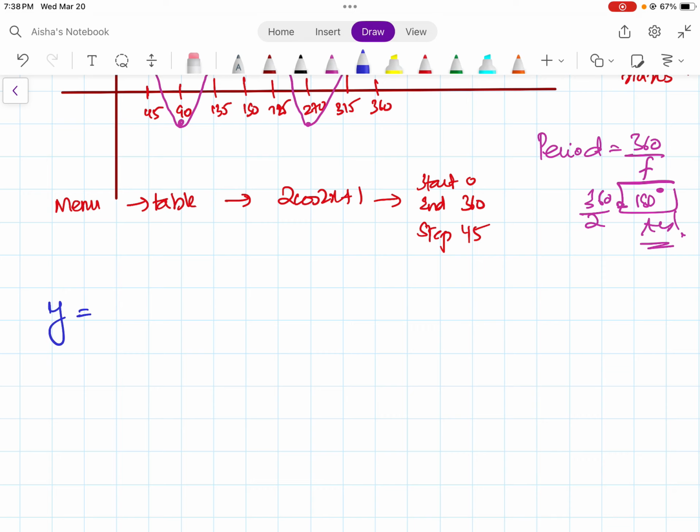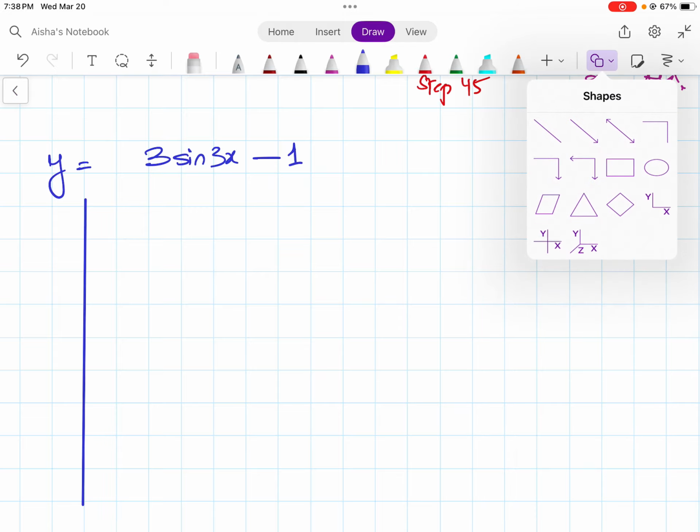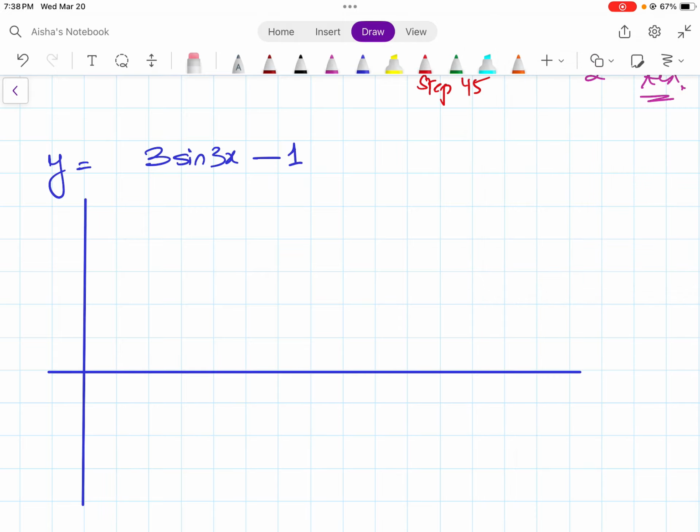Let's move on and do 3 sine 3x minus 1. A 3x means 90 divided by 3 is 30 degrees.